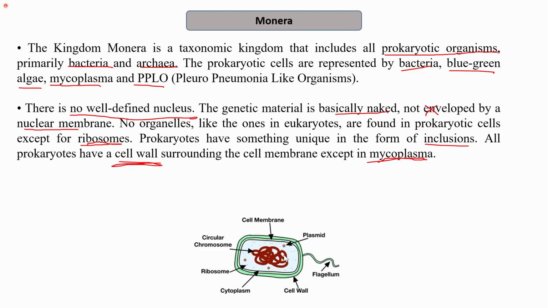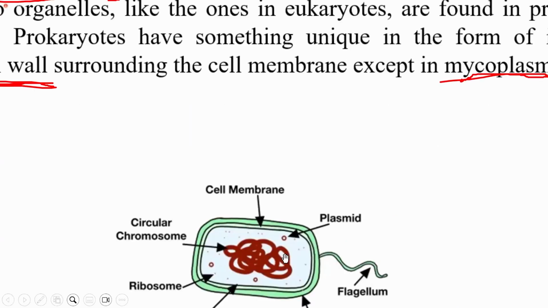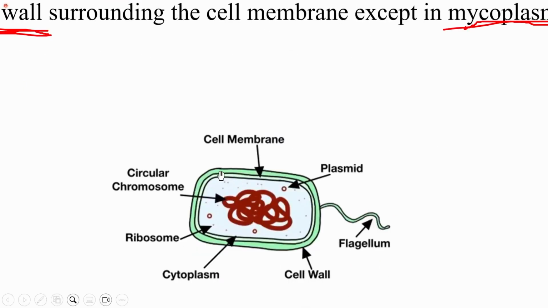So this is the basic structure of the Monera prokaryotic cell, where we have a cell membrane, and above it we have a cell wall that surrounds the cell membrane. Then inside the cell membrane, we have a semi-fluid matrix, which is known as the cytoplasm. And we have naked DNA, which is present in the form of a circular chromosome.